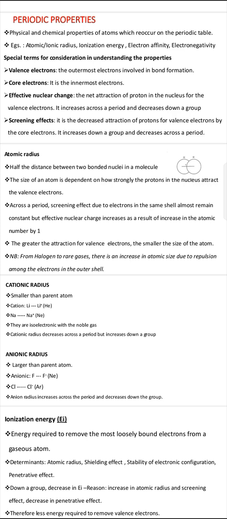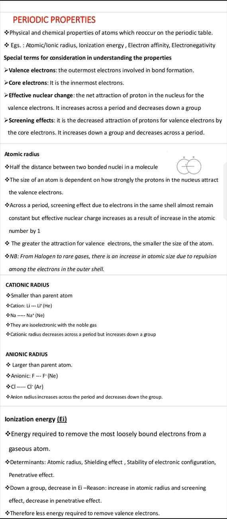It reduces the attractive force that the nucleus uses to pull electrons to itself. You can imagine the shells decrease the attraction of protons to what?